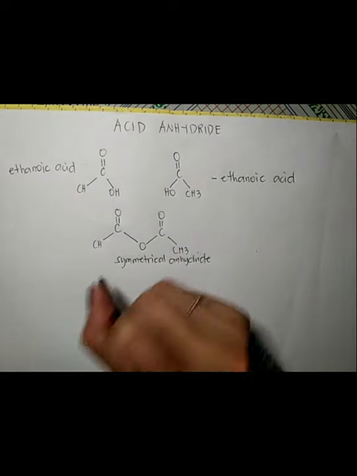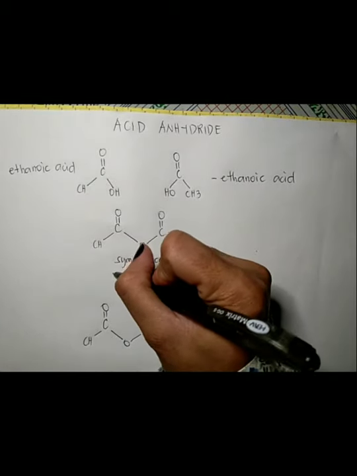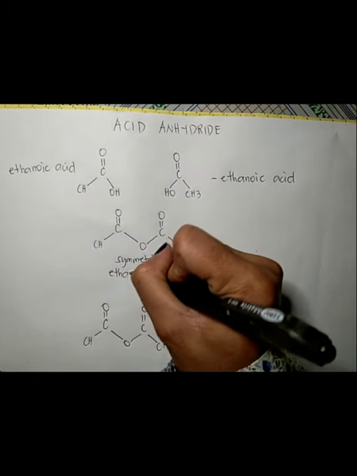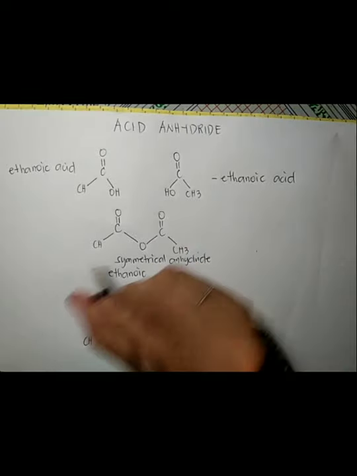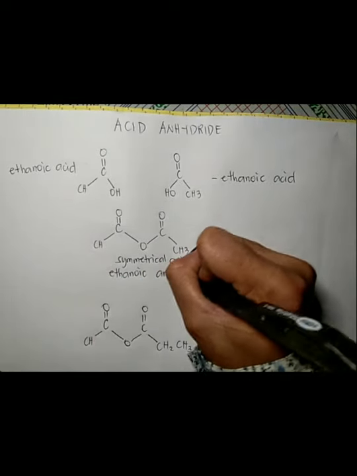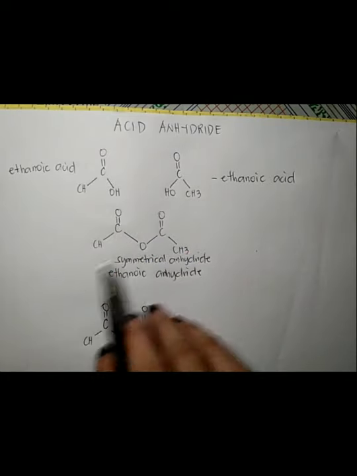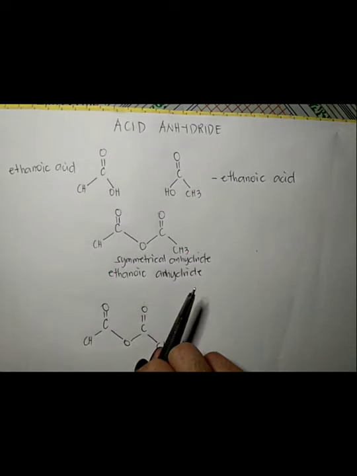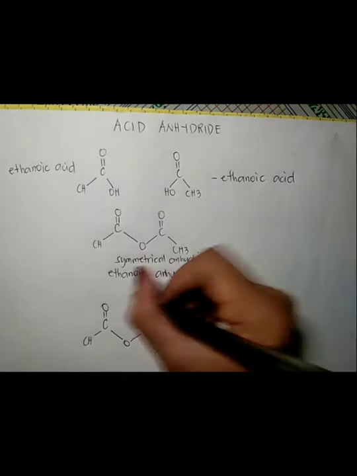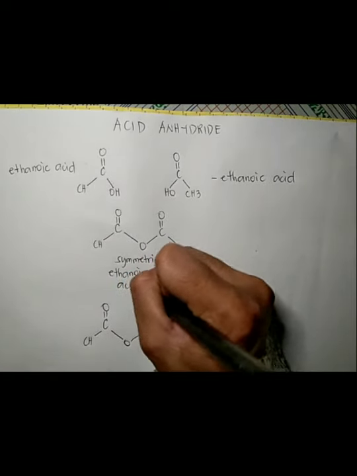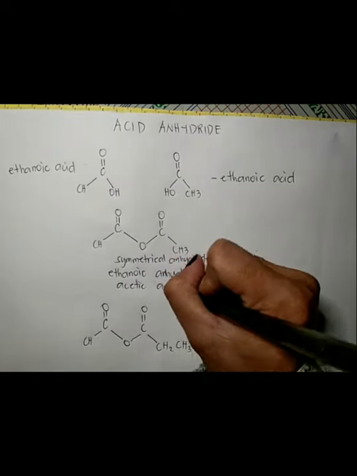The name of this structure is ethanoic anhydride. This is an example of an anhydride. The common name of ethanoic anhydride is acetic anhydride.